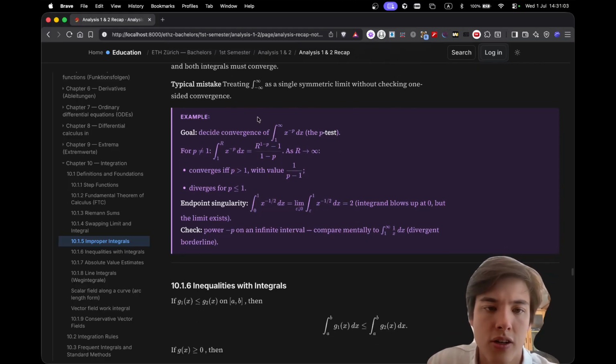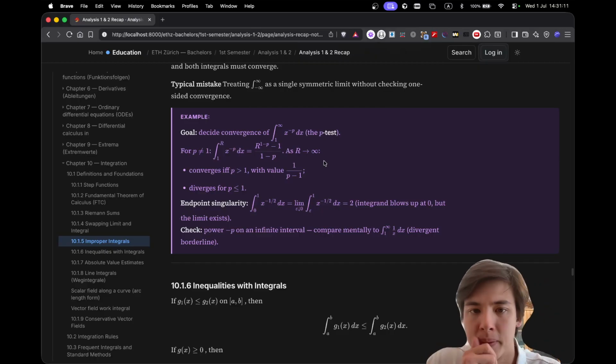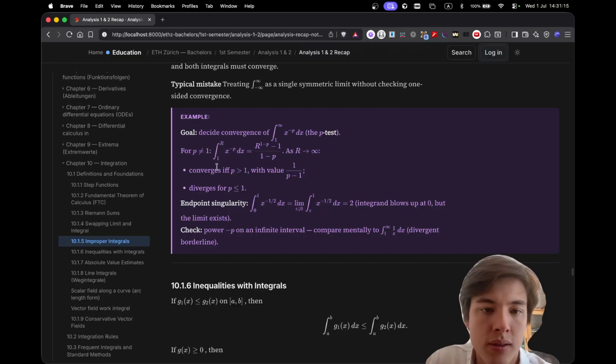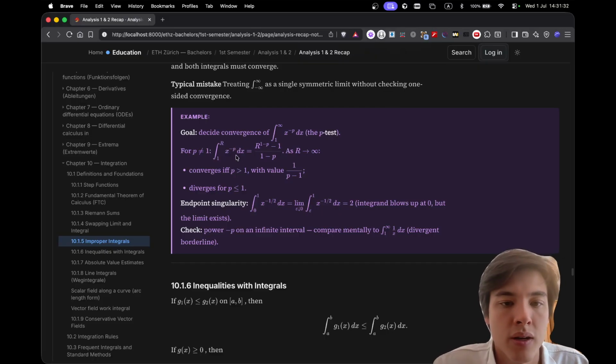So let's actually look at an example. We need to decide convergence of the integral from 1 to infinity of this, for p not equal to 1. We say the limit as r goes to infinity, and then we can plug in the numbers.